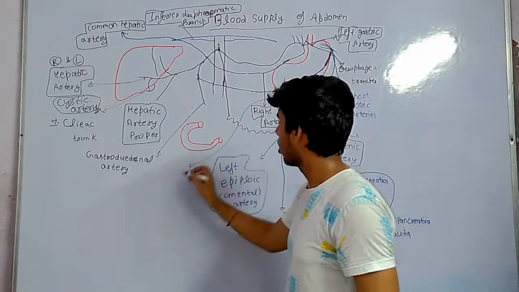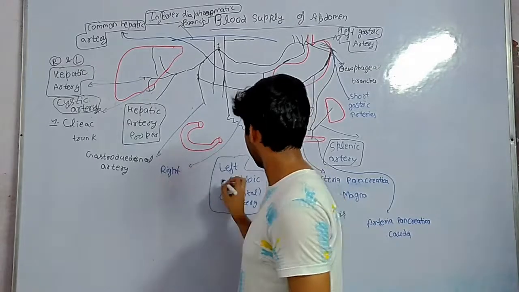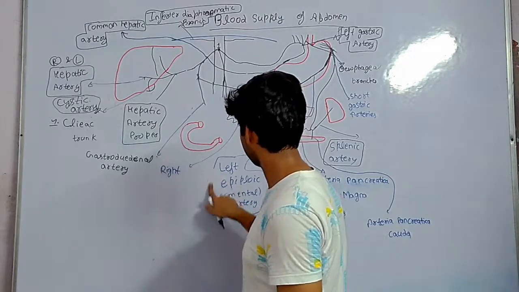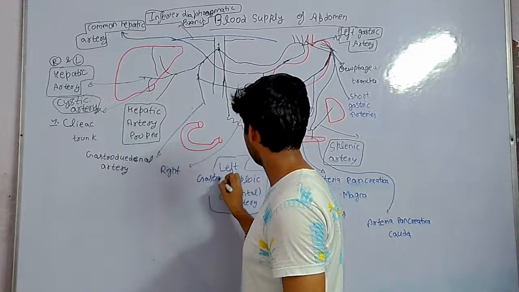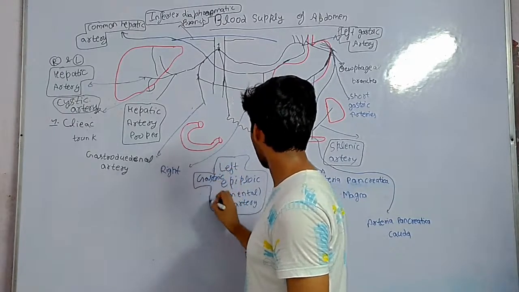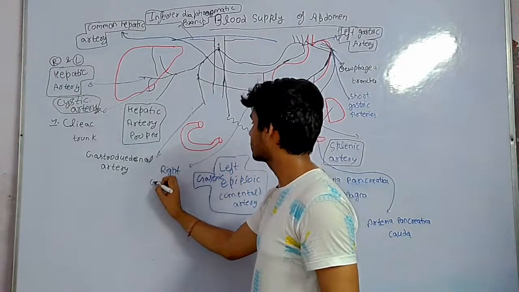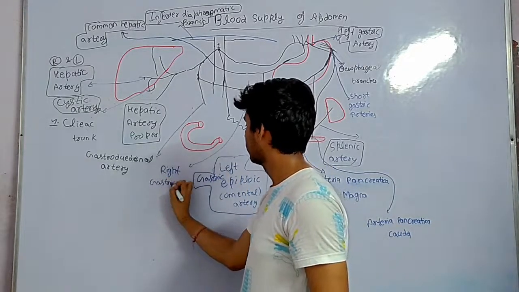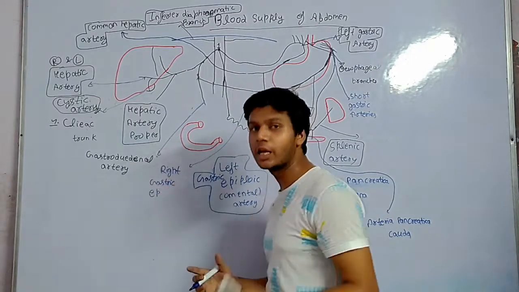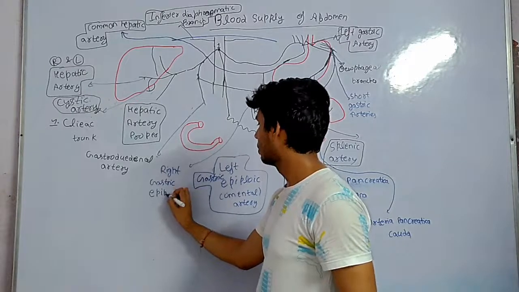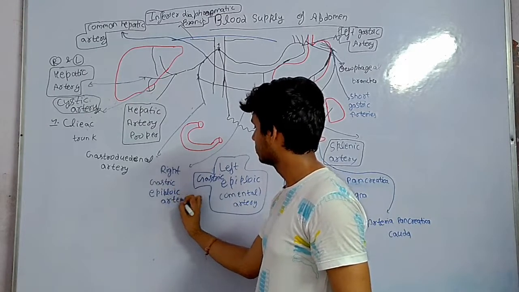This is called right gastric epiploic artery or omental artery. This is left gastric epiploic artery or omental artery. Done.